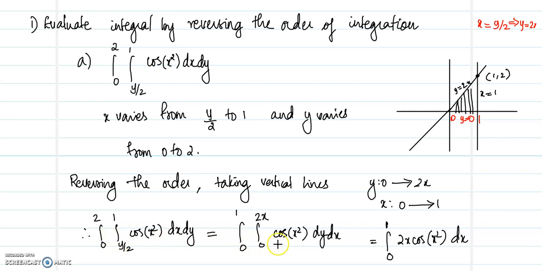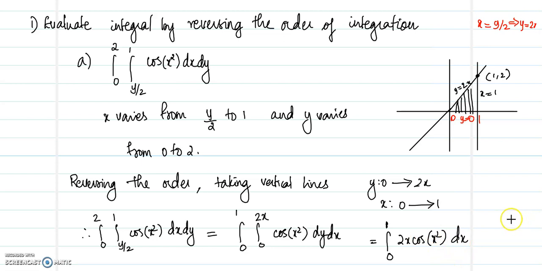So we'll get integral 0 to 1, integral 0 to 2x, cos x square dy dx. Upon integrating with respect to y, cos x square will be considered as constant. So we get cos x square times y. Apply limits on y from 0 to 2x. So that is going to give the integral of 2x cos x square dx.